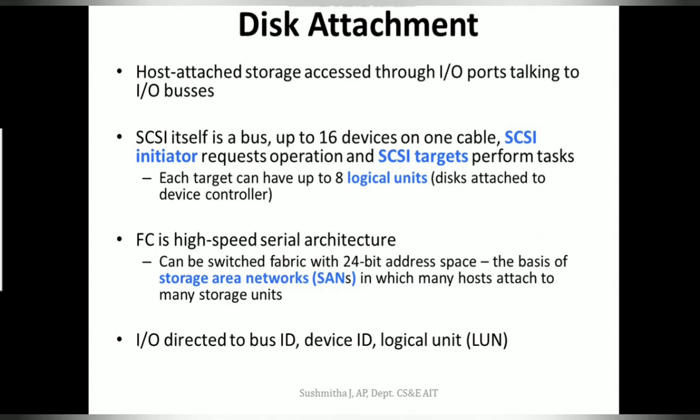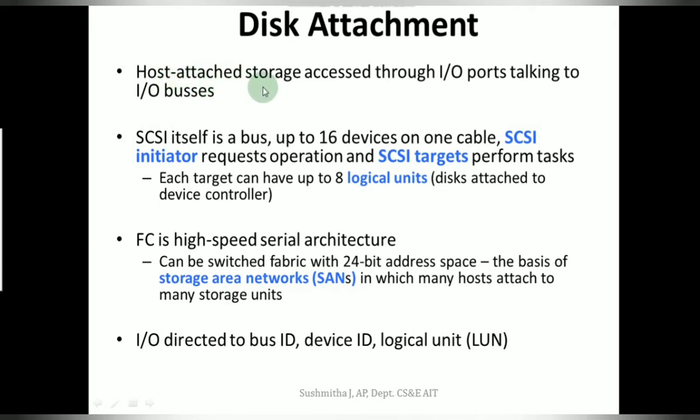So when I say the computer accesses this disk storage, it can be doing it in two ways: locally via the IO ports, or remotely over the network. When it is doing it locally, we call it HAS, that is host attached storage.